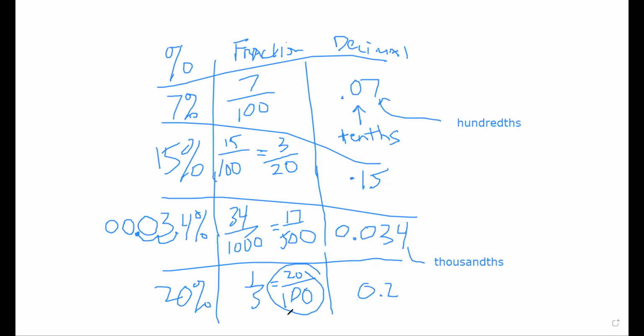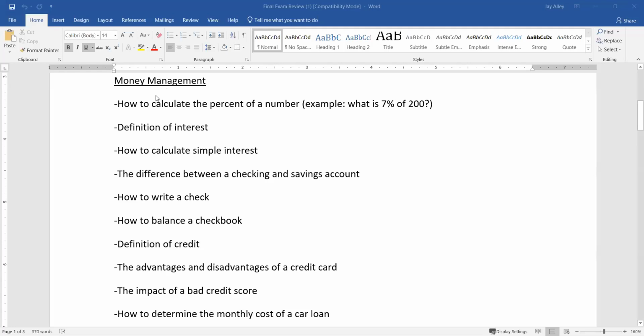So you're going to have to know how to do that when you're being given an interest rate to calculate or interest earnings to calculate. How to calculate simple interest, how to calculate the percentage of a number.